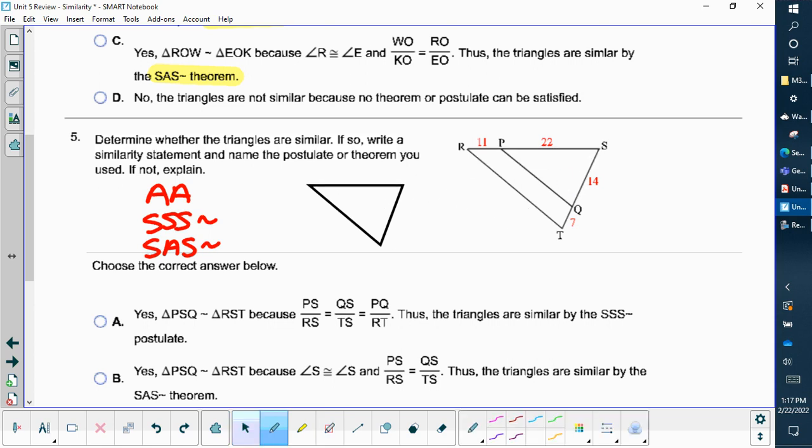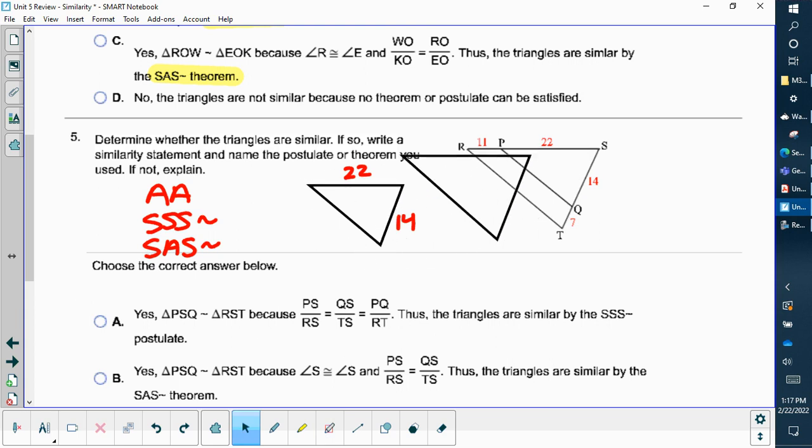I know that this side is 22, and this side down here is 14. Now I'm going to look at the big triangle, and that's this one right here. When I pull this one off, do you recognize that they have the same angle S? That's called reflexive.